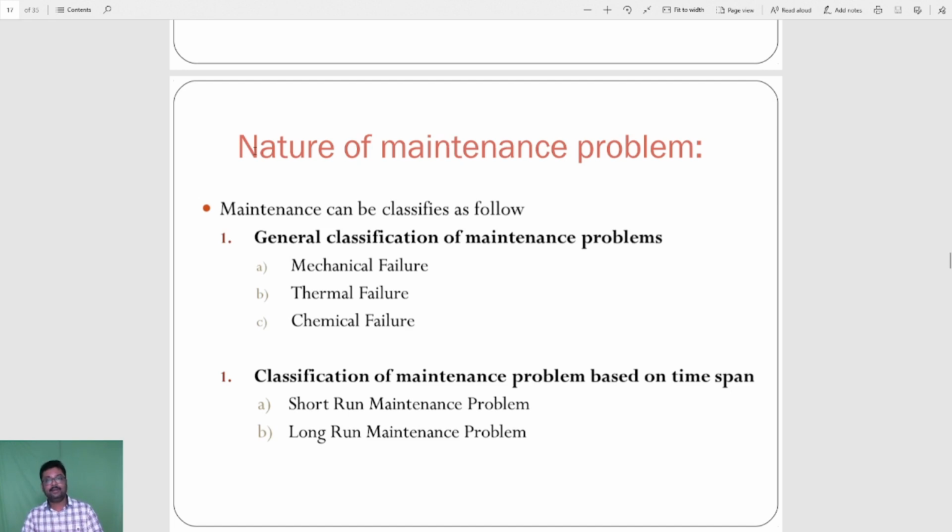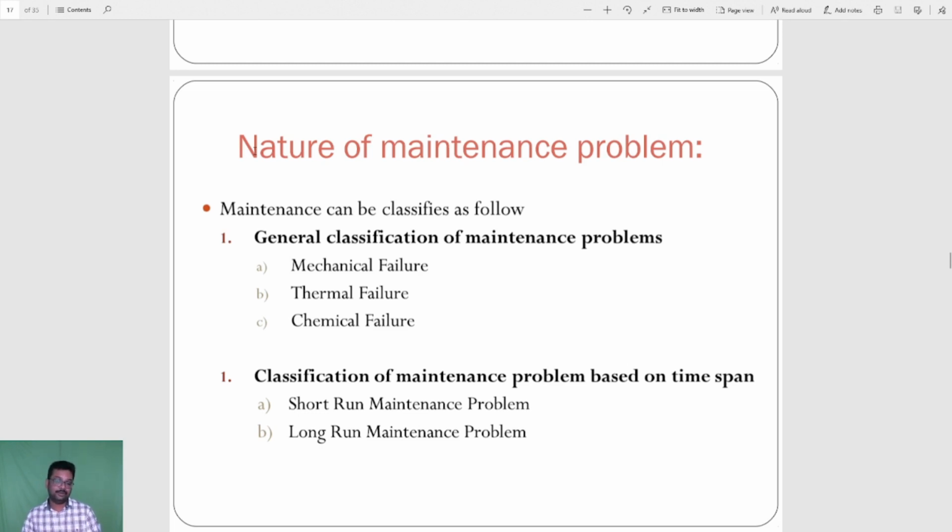Mechanical failure means application of load, thermal failure means variation of heat, and chemical failure means explosions due to the usage of chemicals. We need specialized equipment to store the chemicals. If we fail to store them properly, they will explode. The best example is magnesium.